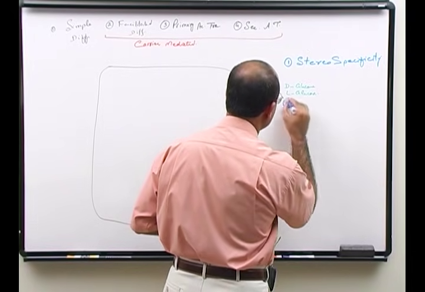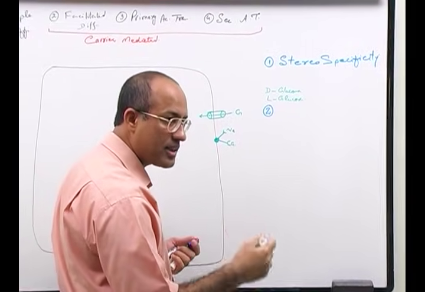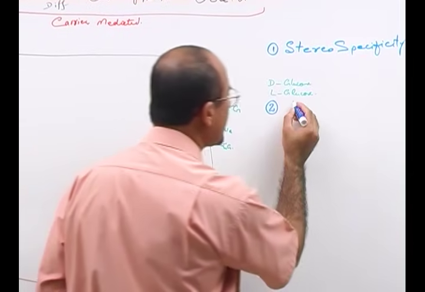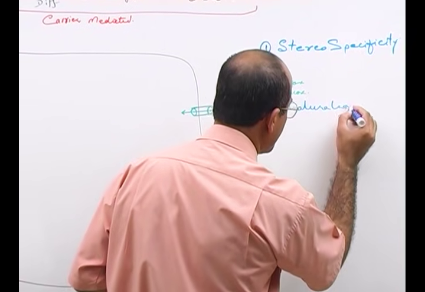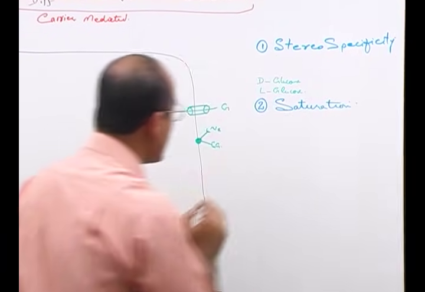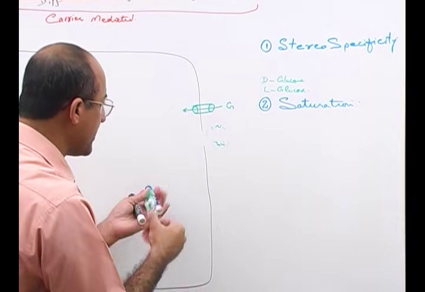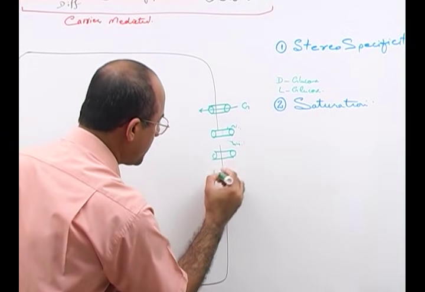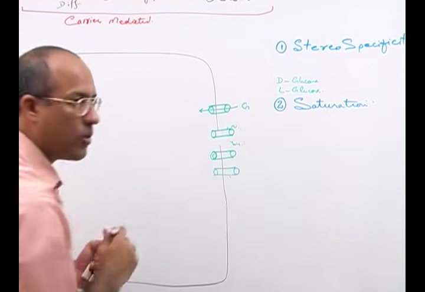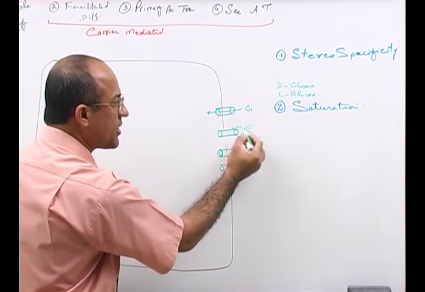these mechanisms show the phenomenon of saturation. I will tell you what is saturation. Actually, let's suppose that in this membrane there are multiple glucose transporters. Now, if glucose concentration is very low, it will rapidly transfer.